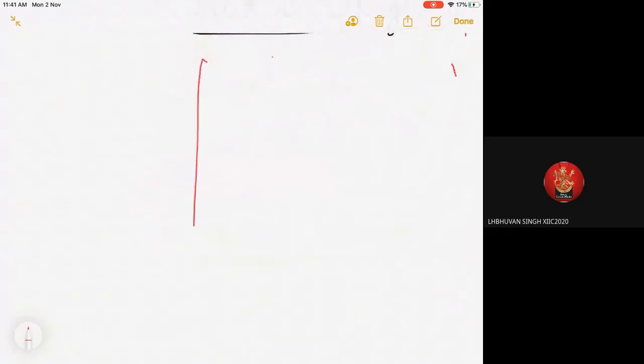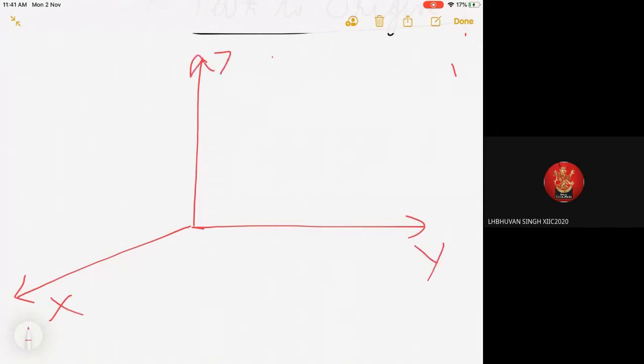So we have the 3 axes, x-axis, y-axis and z-axis, and your line is this red color line. This is your line. Or if there is a line, there is a vector also.